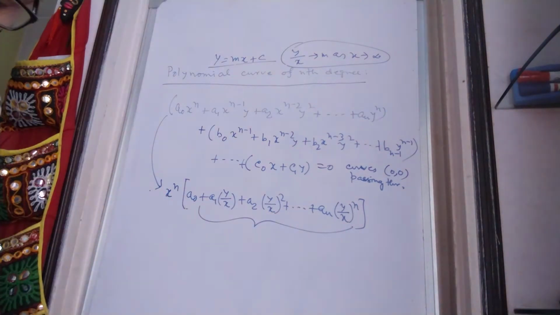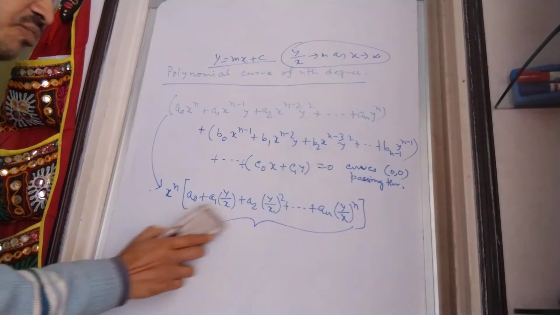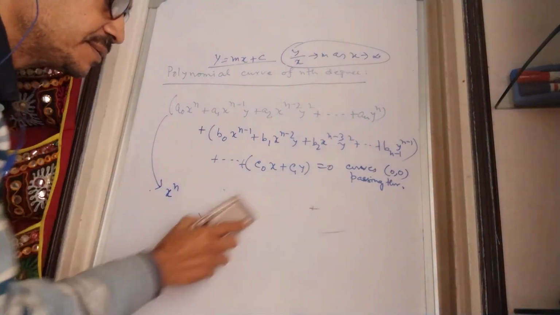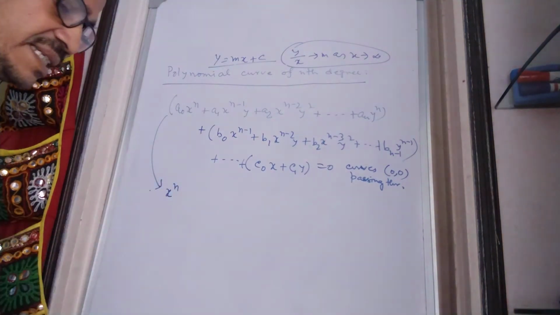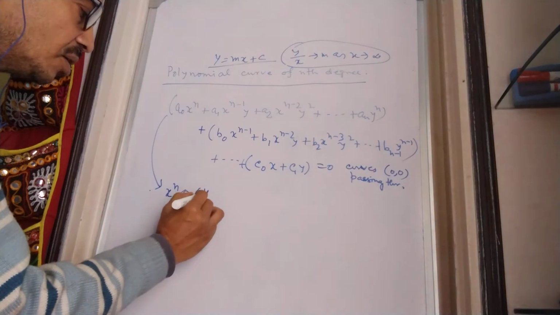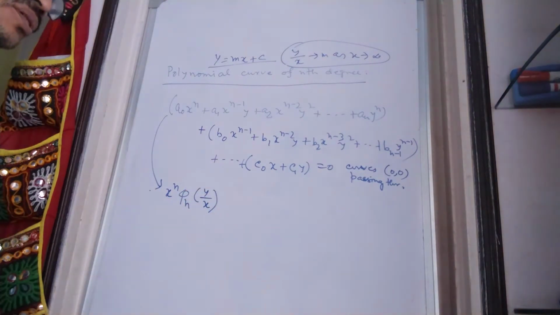That is why we have written this as like this, and we replace this term as a polynomial of y by x of degree n, which we call phi suffix n of y by x, isn't it so?